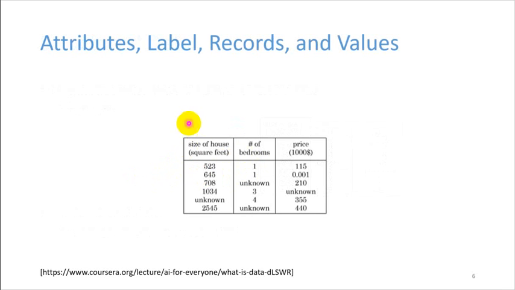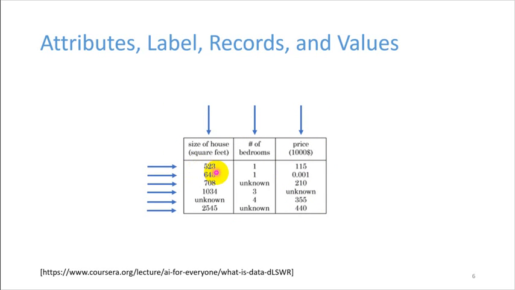These columns are either attributes or labels. For example, here we can see that these two can be considered as our attributes, and these can be considered as the label for the data. And each one of these rows is a record.